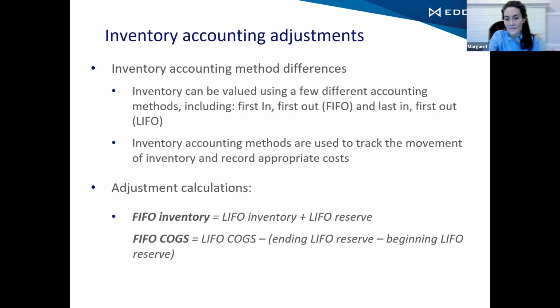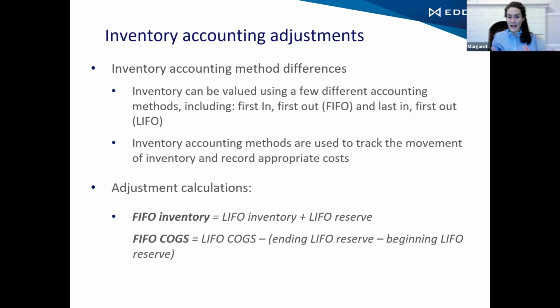That can make a difference to your profitability, because the cost of your inventory can change over time. You can buy the same product today that you bought a year ago or a month ago, and the price could be different, and that's going to affect the profitability.